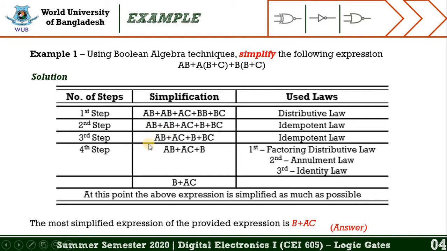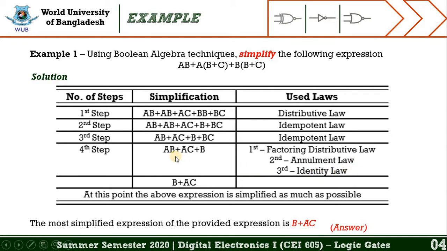And the fourth step includes three steps. One is factoring using the distributive law. After that, we apply the annulment law, and the last one is the identity law.